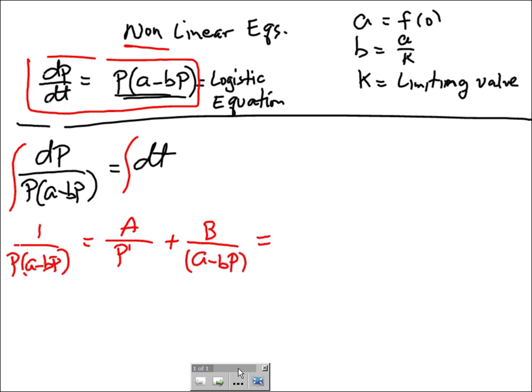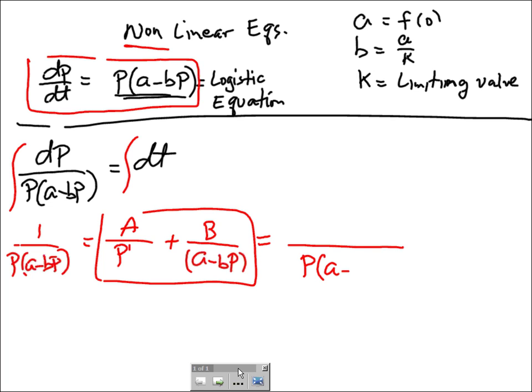Now, if I were to get a common denominator, it would simply be p times (a minus bp). If I multiplied the first fraction in the bottom and the top by a minus bp, that would be okay because I just multiplied by 1, and multiply the other fraction by 1 as p over p. Now, both denominators are the same.